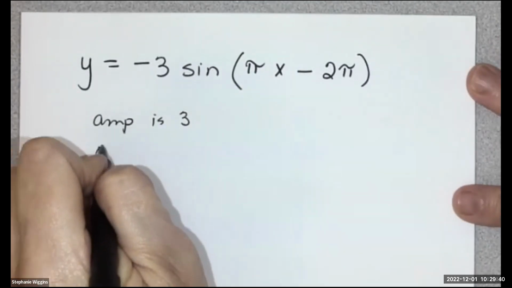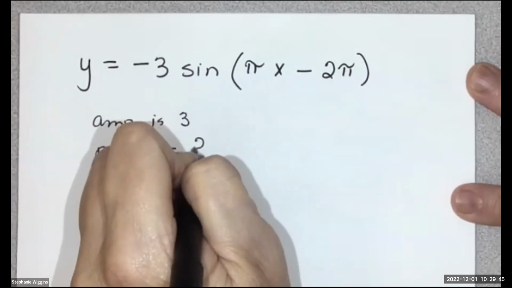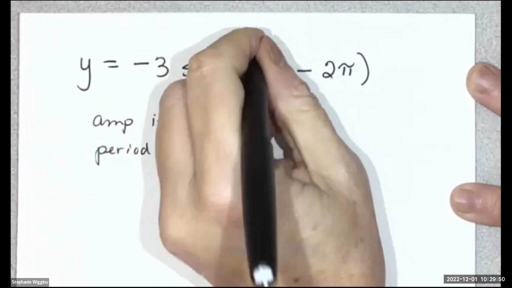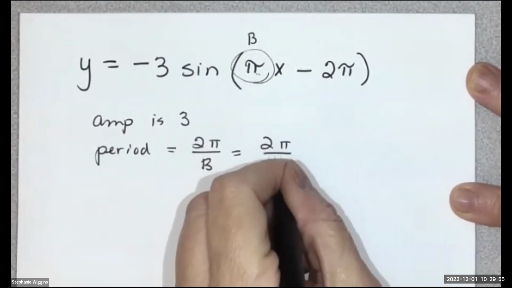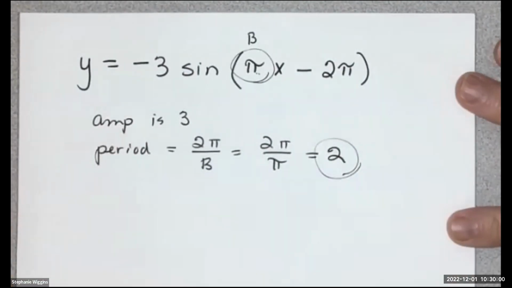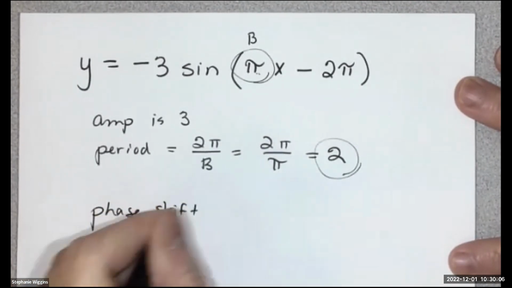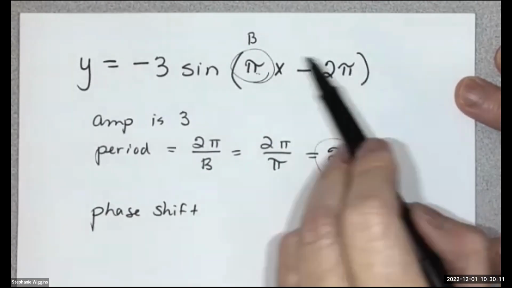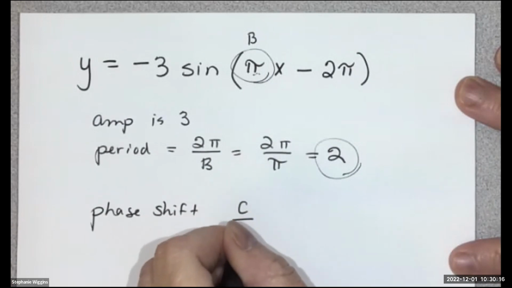The period is the old period, which is 2 pi, divided by this constant, which is your B constant. So in this example, your period is 2. Then your phase shift is the opposite of this sign, but you've got to take this constant C divided by B, so it's going to be C over B.